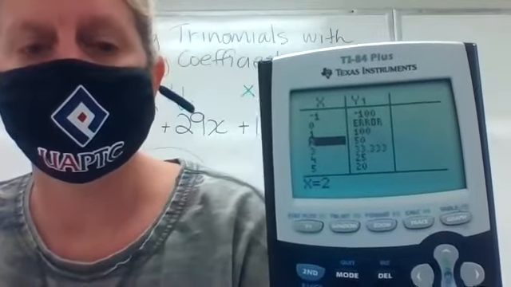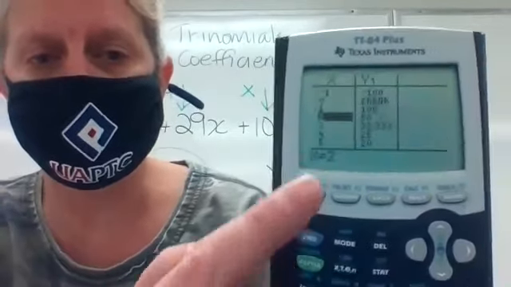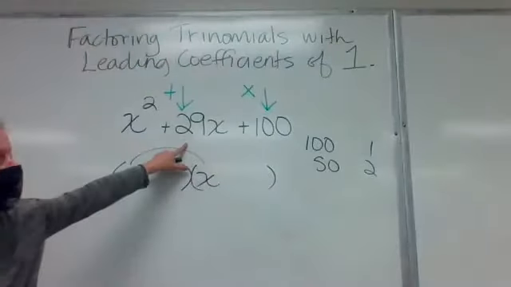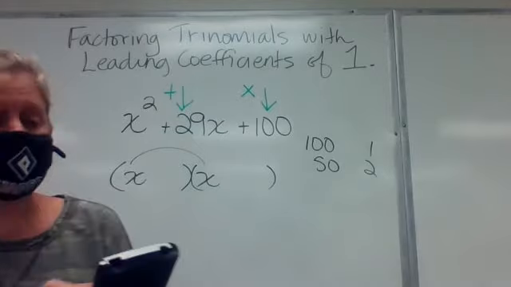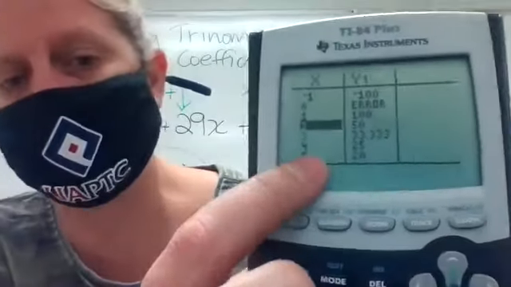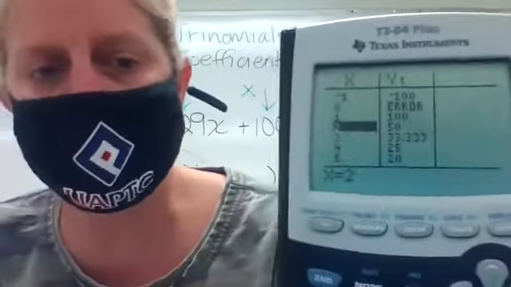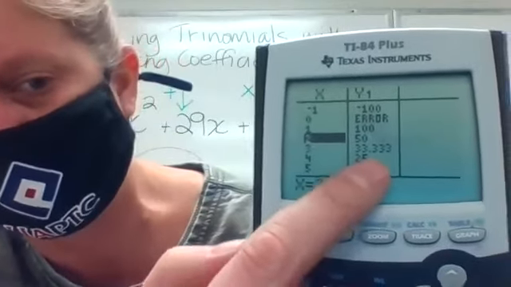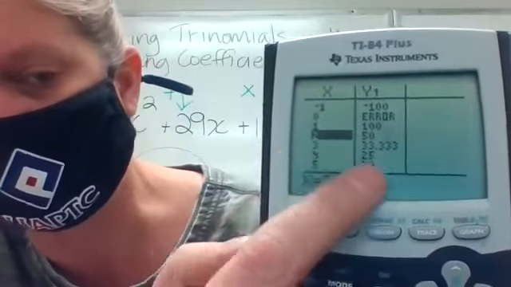So, I'm trying to find the pair that adds to what? Positive 29. So I can either just go through here and add them together to see which pair adds to positive 29, which I see right here at 4 and 25, right? That pair adds to 29.